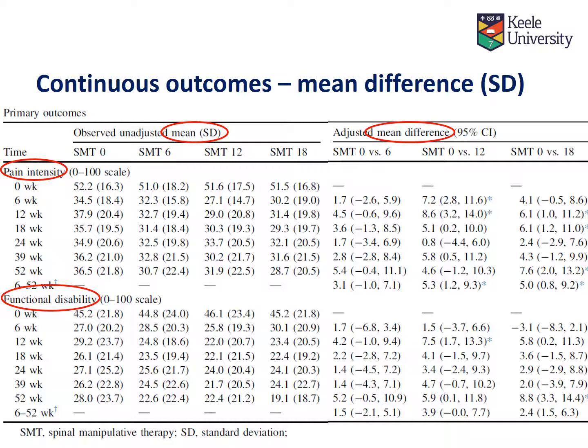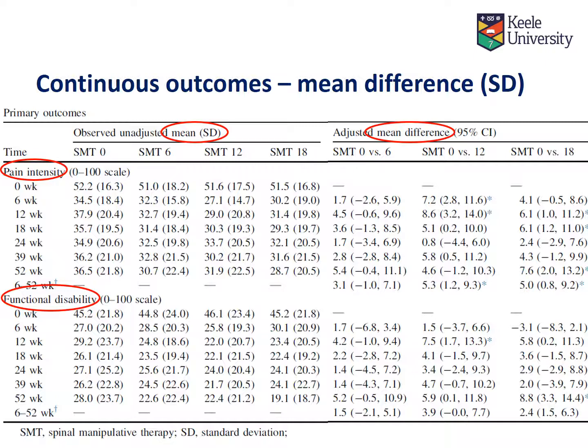So if we take one example, pain intensity at 6 weeks: the mean and standard deviation at baseline, SMT0, is 34.5, standard deviation 18.4. And the pain intensity mean and standard deviation at 6 weeks with SMT6 is 32.3, standard deviation 15.8.